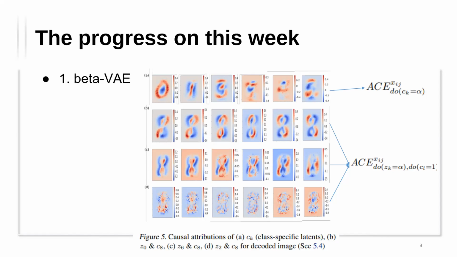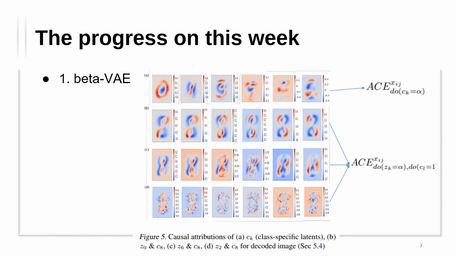So C0 represents digit 0, and C1 represents digit 1. And they also have 10 continuous variables, denoted as Z0 to Z9. They only know that those variables control the rotation or scaling factor for those digits, but they don't know what each one of them represents.